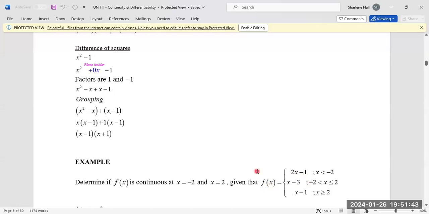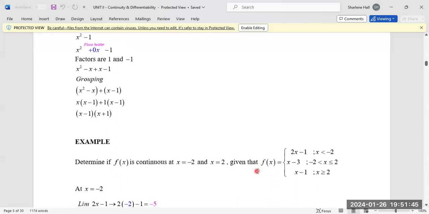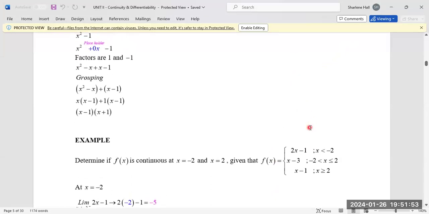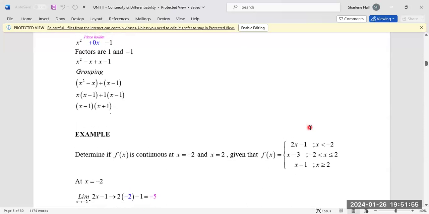So I want you to work with me. Watch the screen, because I'm going to use it to help with the explanation, and there are several things I'm going to be pointing out. I know you're going to have a recording, but I want you to look at what I'm doing.